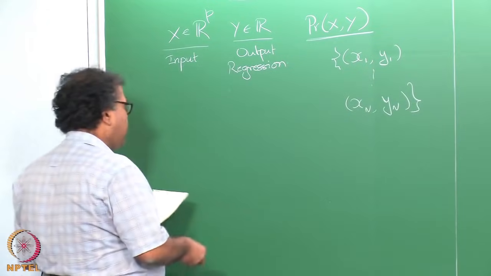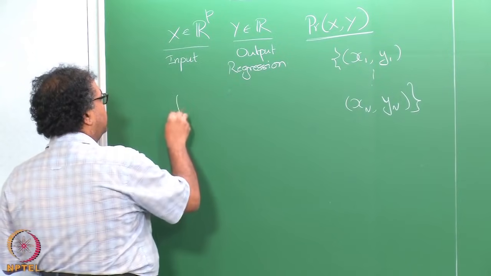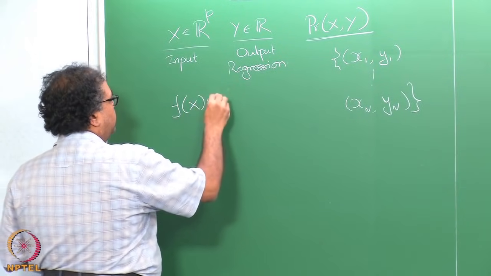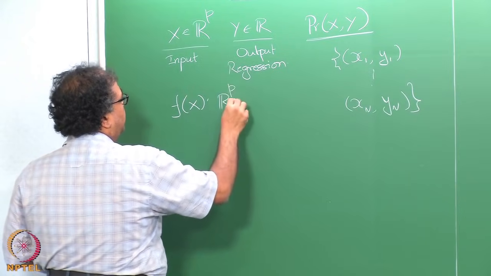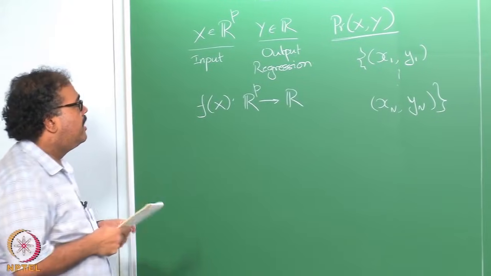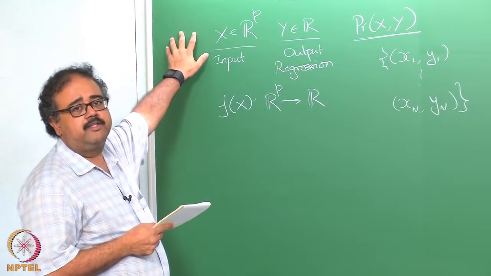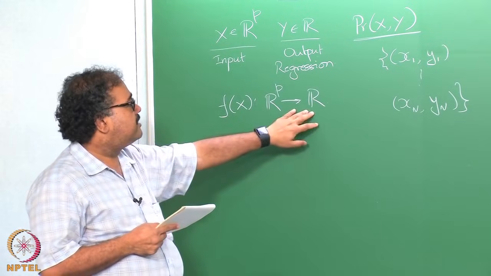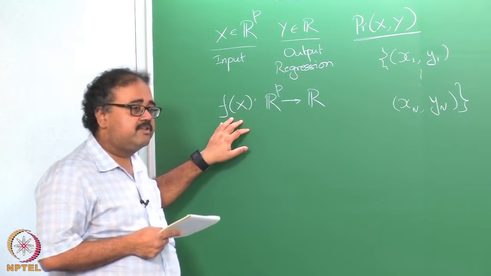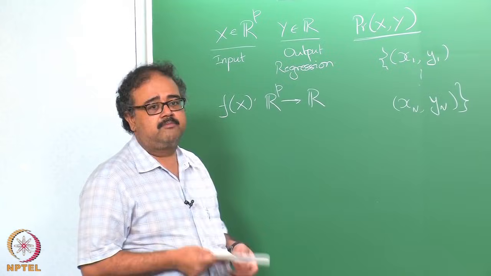The goal is, given such a set of training data, to learn a function f of x that goes from the p dimensional space to the real line, where the p dimensional space corresponds to a point in the input space, and the real line corresponds to the output space. So, the function f is going to take any input that is given to it and produce a number.